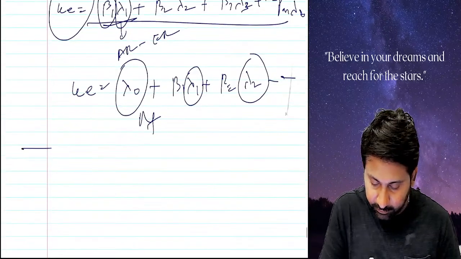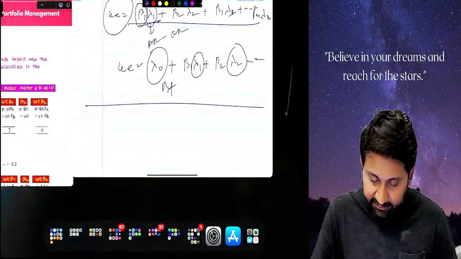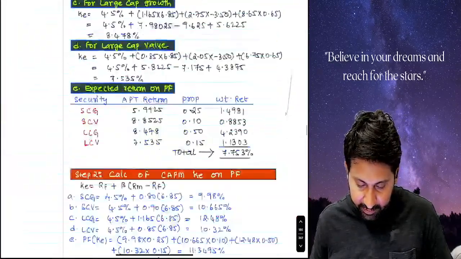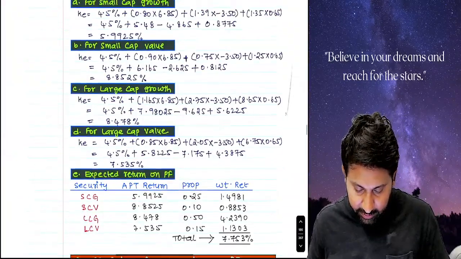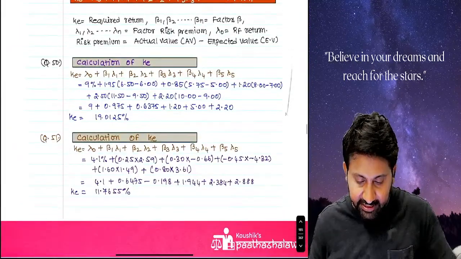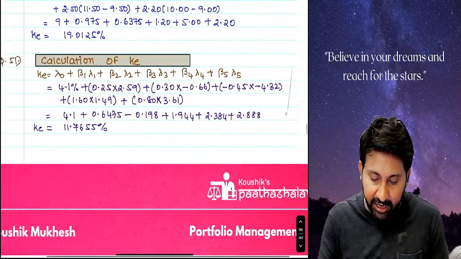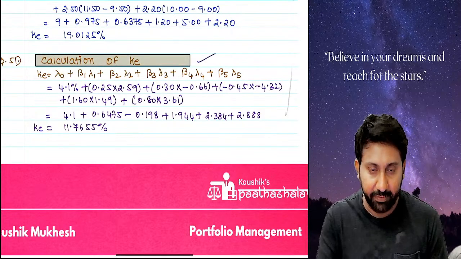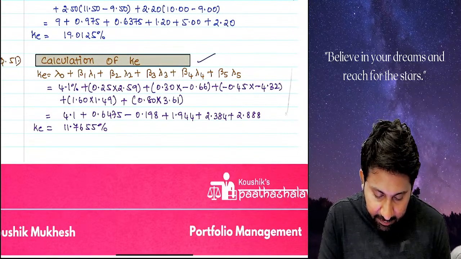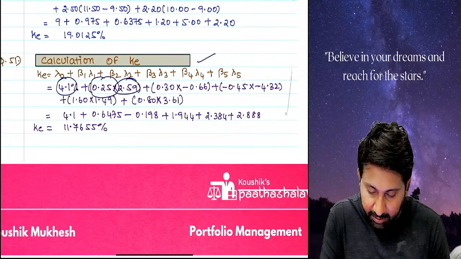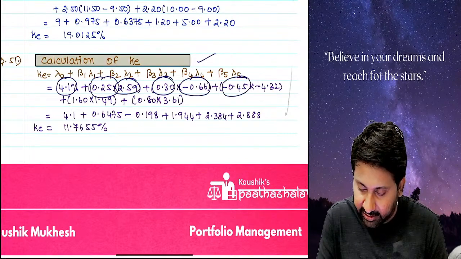Next, let us see one question on how to do arbitrage pricing theory. See the screen. Like this, they will ask a question. First, calculation of KE. We calculate lambda 0 4.1 plus beta 1 lambda 1, beta 2 lambda 2, beta 3 lambda 3.